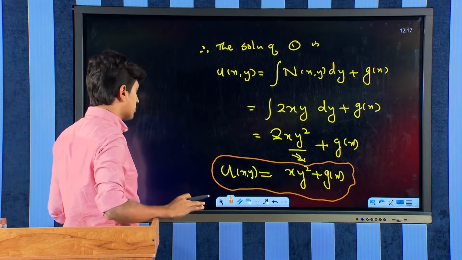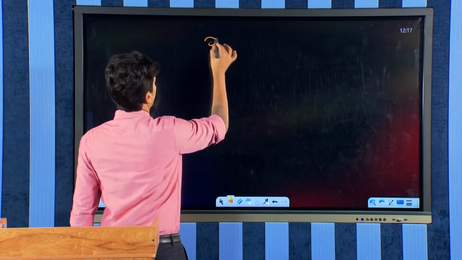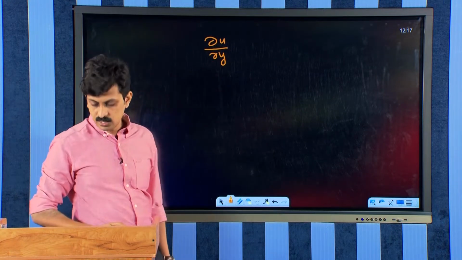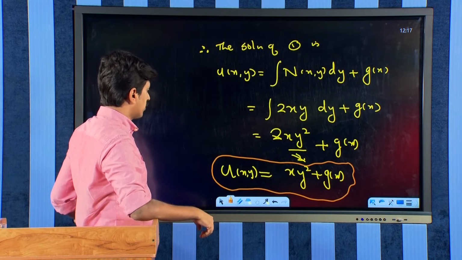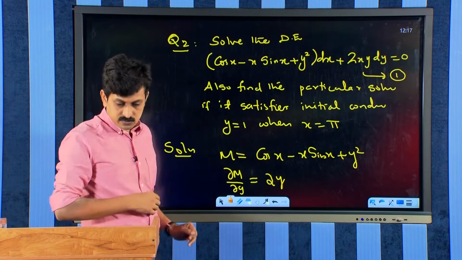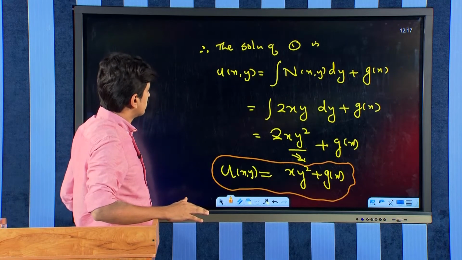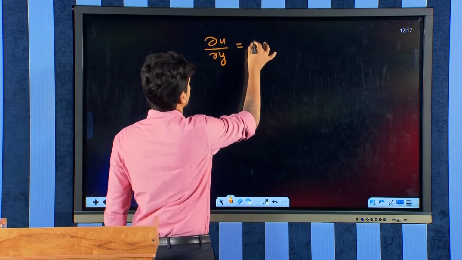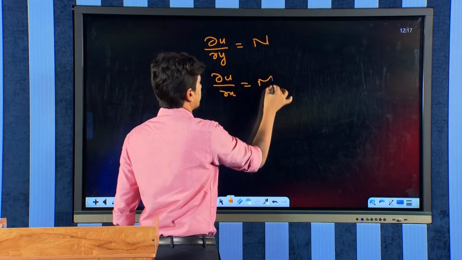Next, we partially differentiate u with respect to x and y. We know ∂u/∂y is equal to n, and ∂u/∂x is equal to m.